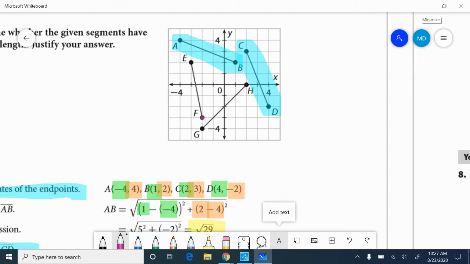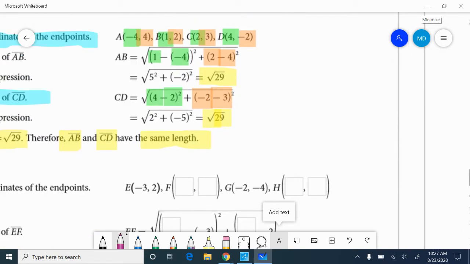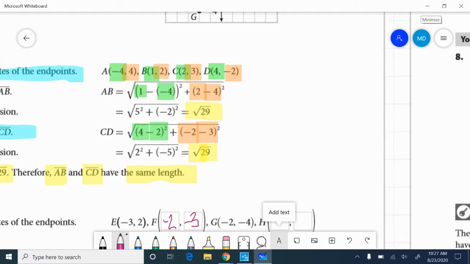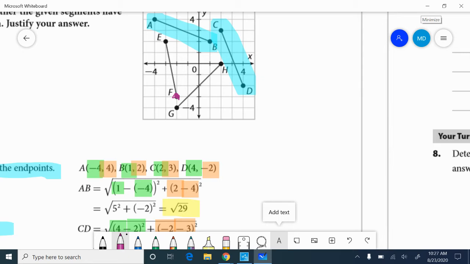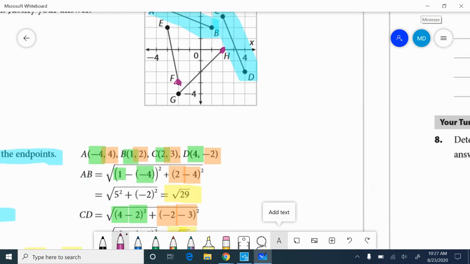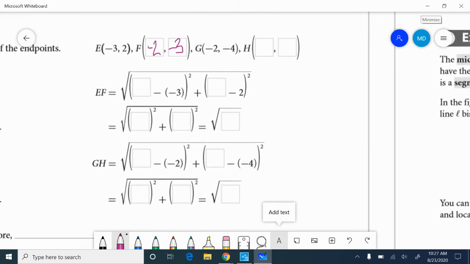This is point F right here. F has coordinates, looks like -2 and -3. So that's what I'm going to write in these boxes. I'm going to put -2 and -3. And then for H, which is right here, we have an x coordinate of 2 and a y coordinate of 0. So this is going to be 2, this is going to be 0.